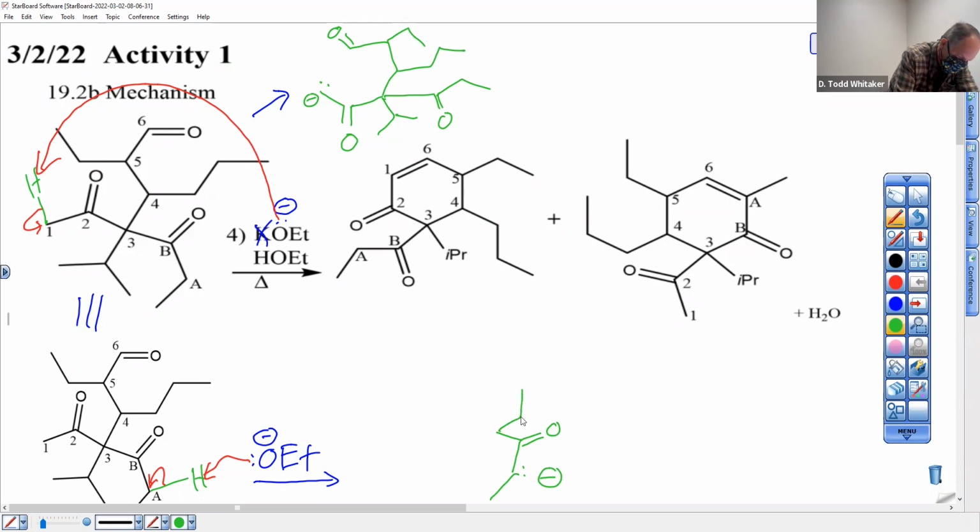C with an isopropyl, not C3. 3 also has 2 and 1. 2, 1. 3 also has 4, which has propyl. 5 with ethyl, and 6 carbonyl. So there's your 2 results. I hope I got them right. Pretty sure I do.